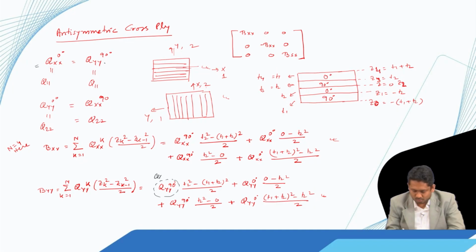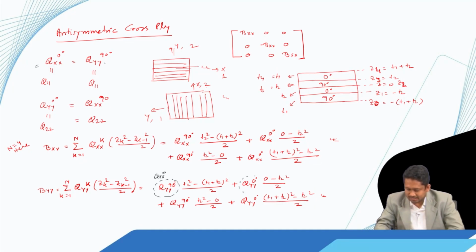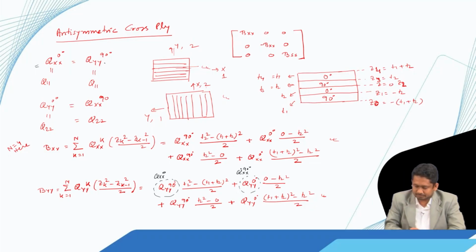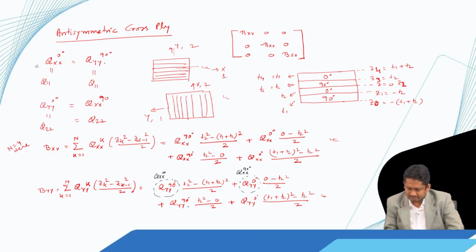So, this is Qxx of 0 degree layer, and Qyy of a 0 degree layer is equal to Qxx of a 90 degree layer.